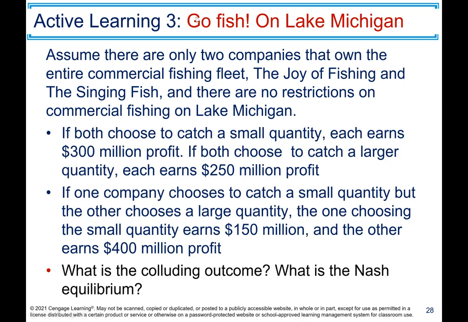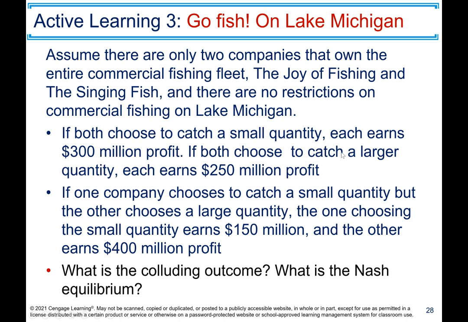Active learning 3. Go fish on Lake Michigan. Assume there are only two companies that own the entire commercial fishing fleet: the Joy of Fishing and the Singing Fish, and there are no restrictions on commercial fishing on Lake Michigan. If both choose to catch a small quantity, each earns $300 million profit.